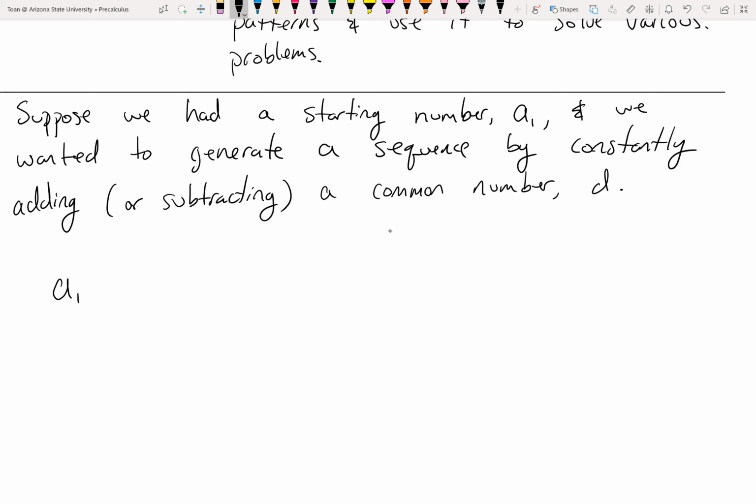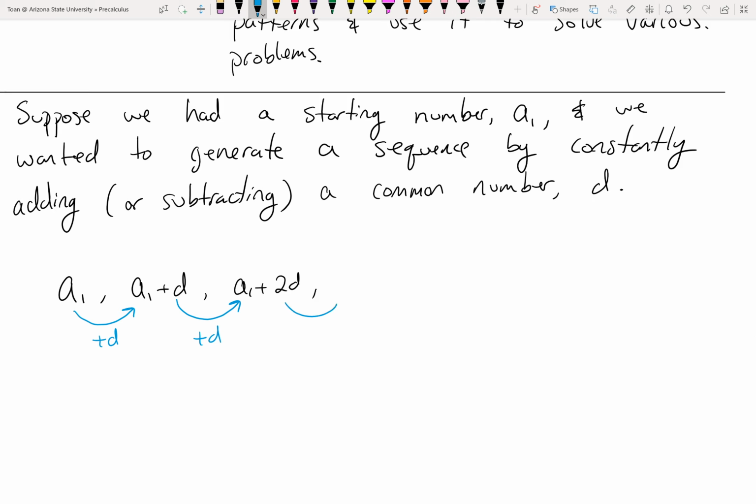So we'll start with the first number, a sub 1. There's our first term. Now the idea is, to get to the next number, we're just going to add the same thing over and over again. In this case, we're going to add the number D. So that gives us a sub 1 plus D. Then to get to the next number, we do the same thing, we add D. That's a sub 1 plus D plus D, which is 2D.